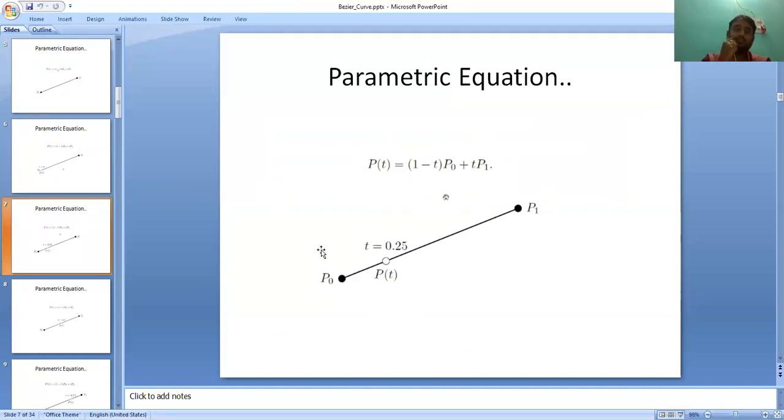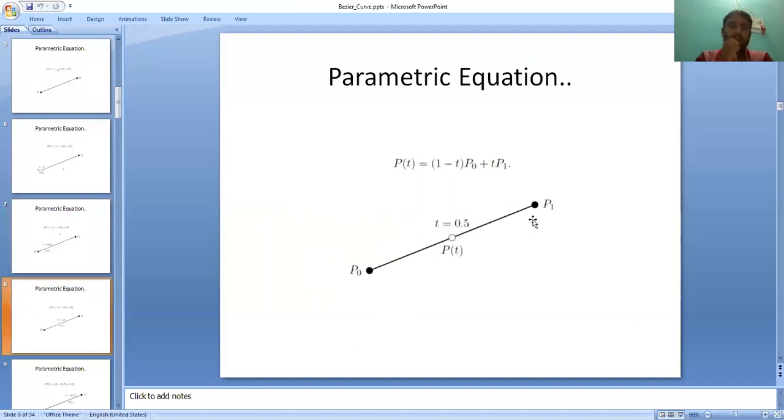So x0 and y0 have more contribution as compared to x1 and y1. Similarly, when t is equal to 0.5, both P0 and P1 have half contribution in calculating the value of x and y at t equal to 0.5.